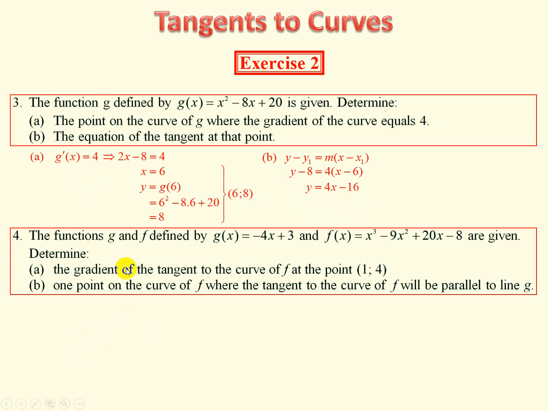Next, the functions g and f defined by g of x equals and f of x equals are given. Determine the gradient of the tangent to the curve of f at 1, 4. So we're only asked for the gradient, so we've been asked for the derivative when x is 1.